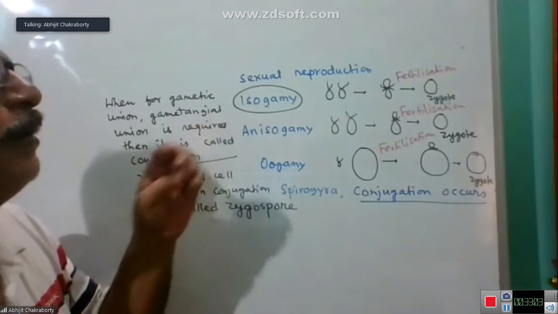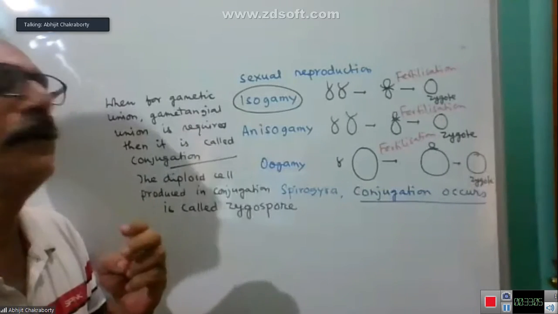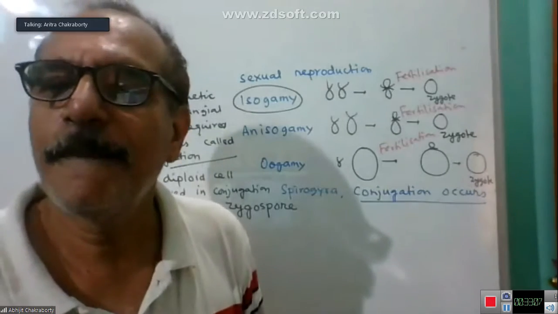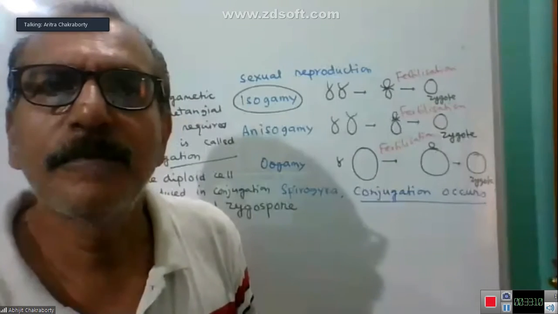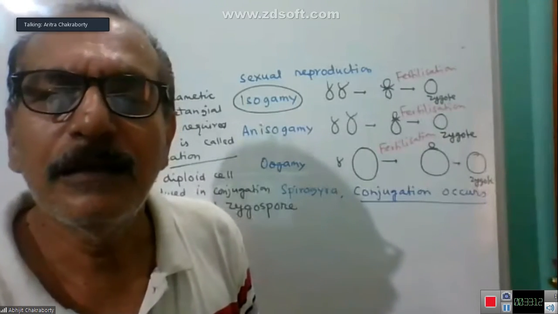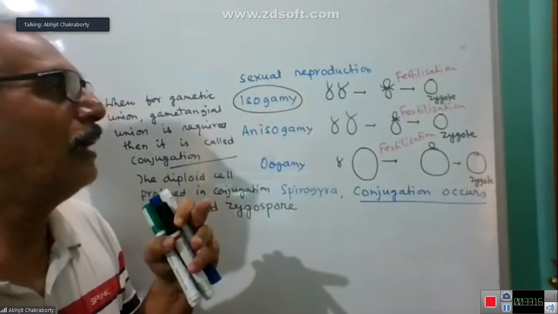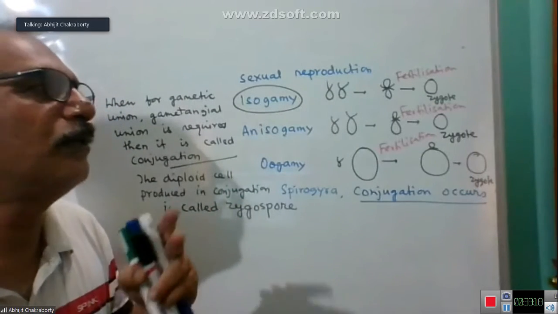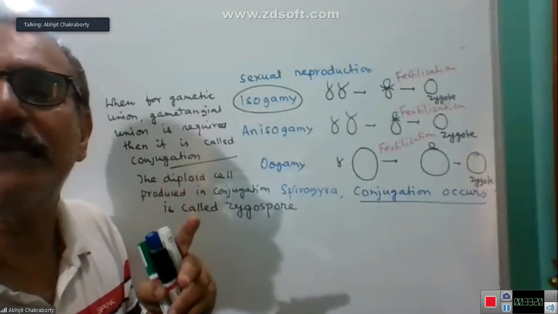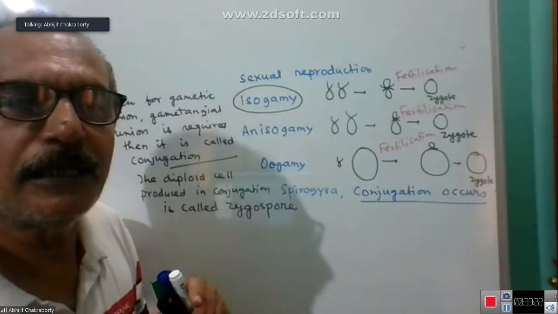So this is the sexual reproduction in brief. Please explain the isogamy and anisogamy part. In isogamy, two similar sized and shaped gametes take part in the reproduction.